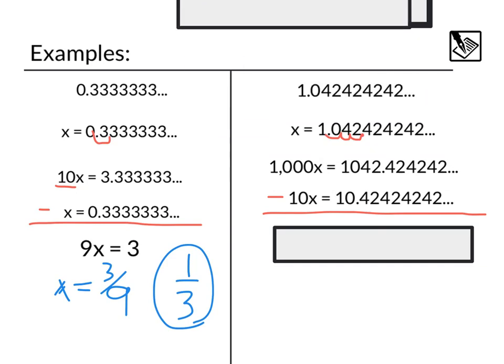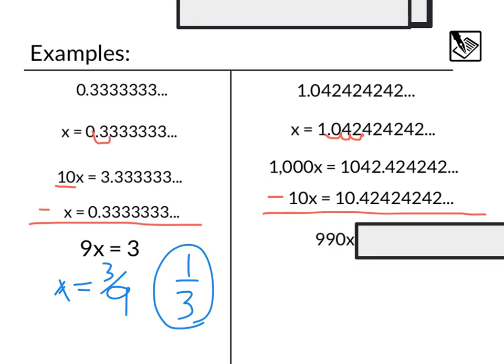Now we want to eliminate this decimal part, 0.424242. So what we're going to do is write the equation just so we have that repeating pattern after the decimal point. In this case, that would be 10.424242. Since we moved the decimal 1 place to get that 10 in front, we'll multiply this by 10 and subtract the whole equation. We have 1000x minus 10x. That's going to give us 990x equals 1042.424242 minus 10.424242.